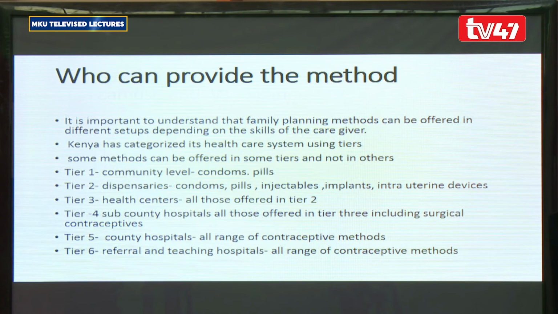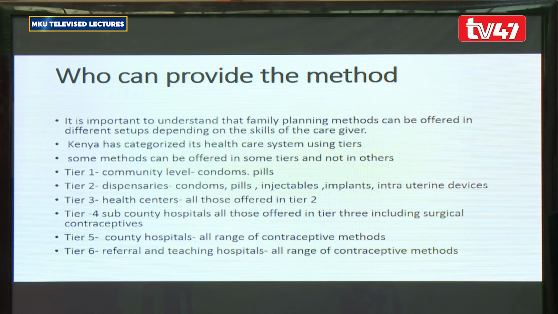Who can provide the method? Remember, not all methods can be offered by any healthcare worker, depending on the proficiency of that healthcare worker. And as you know, the Kenya Ministry of Health has divided our levels into level 1 up to level 6, or tier 1 up to tier 6.